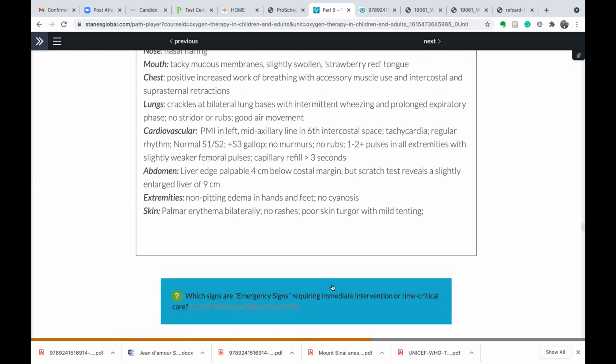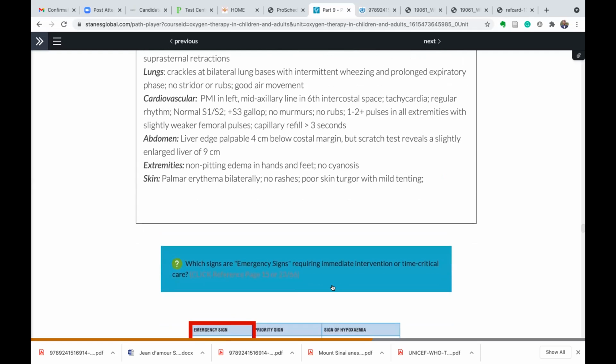Just in general, if you can give us a list of signs of impending respiratory failure or danger signs in the patient with hypoxemia. Just give us two signs of respiratory failure or danger signs where you will need immediate intervention.